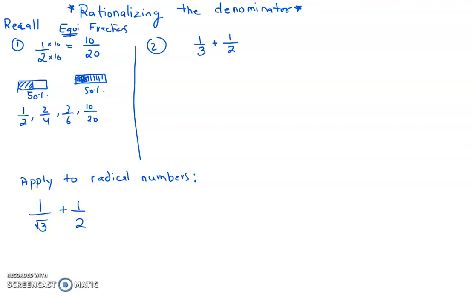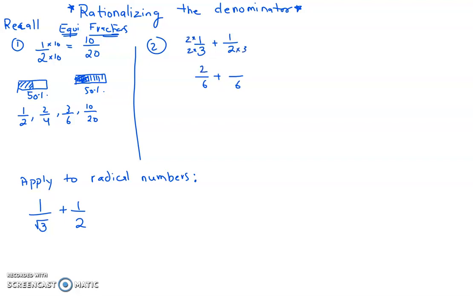The second thing that I want to remind you guys of is that when we're adding and subtracting fractions with different denominators, you can't add or subtract them like that. What you have to do is find a common denominator for both of them, and then you convert to it.